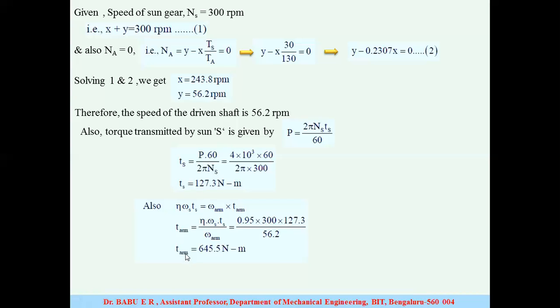You simplify this, and you'll get the torque on the RM equals 645.5 Newton meter. So this is the way of finding the torques on the driving as well as the driven shafts in an epicyclic gear train. Thank you.